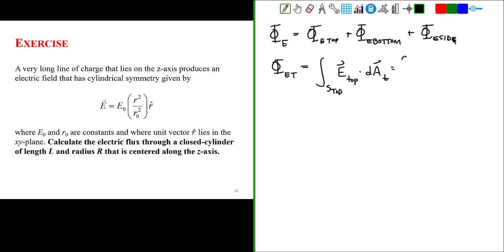This is just the surface integral through the top surface of the magnitude of the electric field times the magnitude of the area vector times the cosine of the angle between the electric field and the area vector through the top surface.